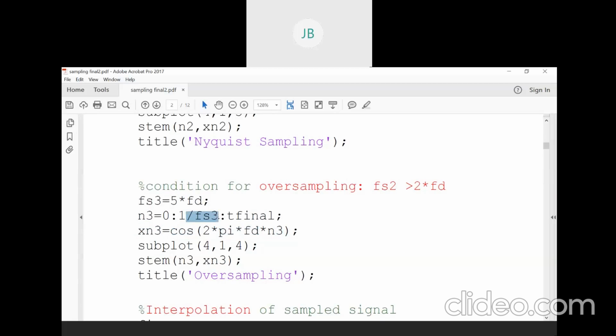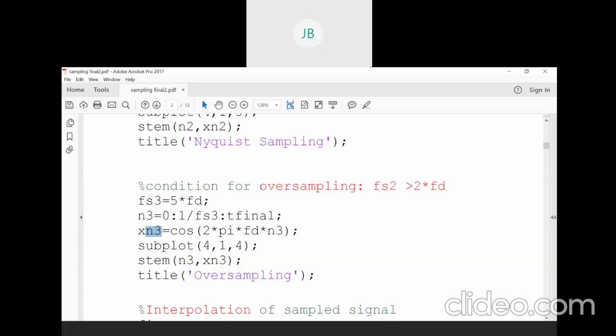So you notice here the 3 cases. The oversampling one has a very high frequency compared to the previous 2 cases, undersampling and Nyquist sampling. As a result, this time value is much smaller compared to the other 2 cases, so you will be collecting x[n3] much more frequently than in the earlier 2 cases.